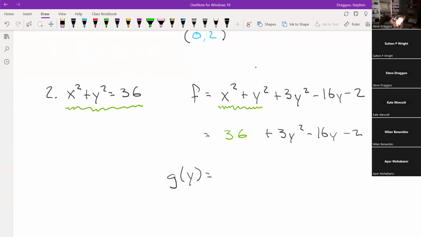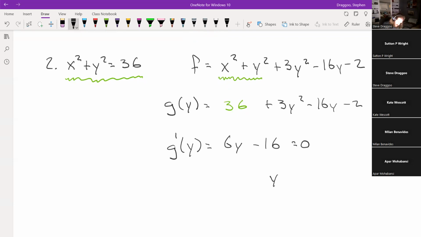The derivative of that looks like 6y minus 16. Now I want to set this equal to 0, which gives me a y value of 16 over 6, or simplified, 8 over 3.